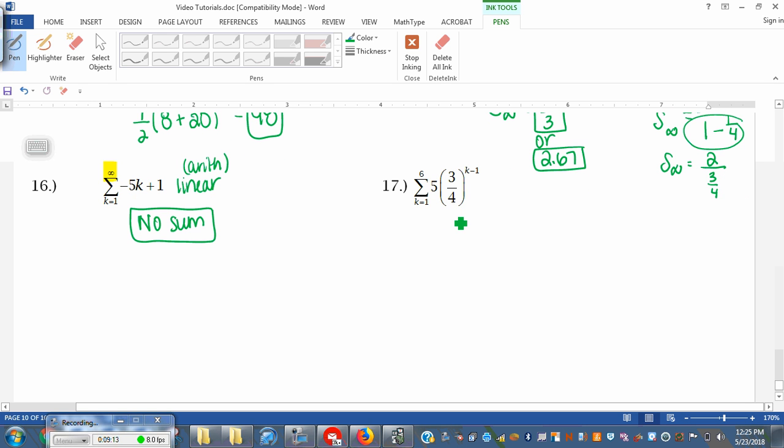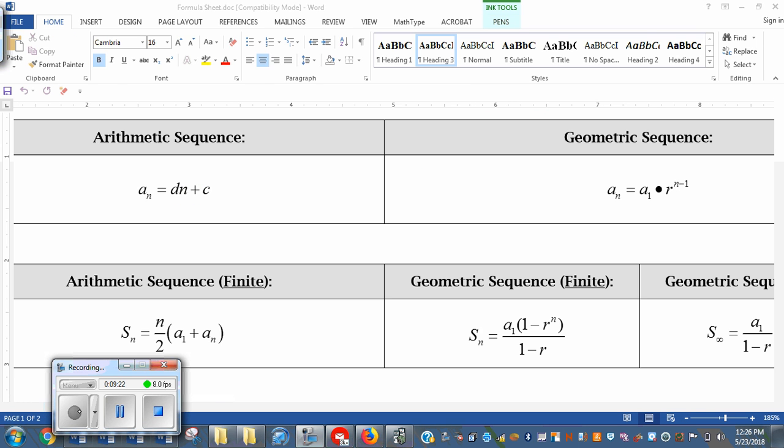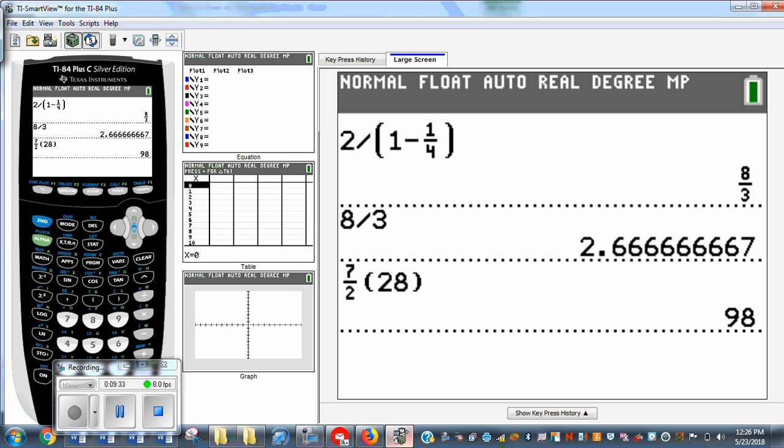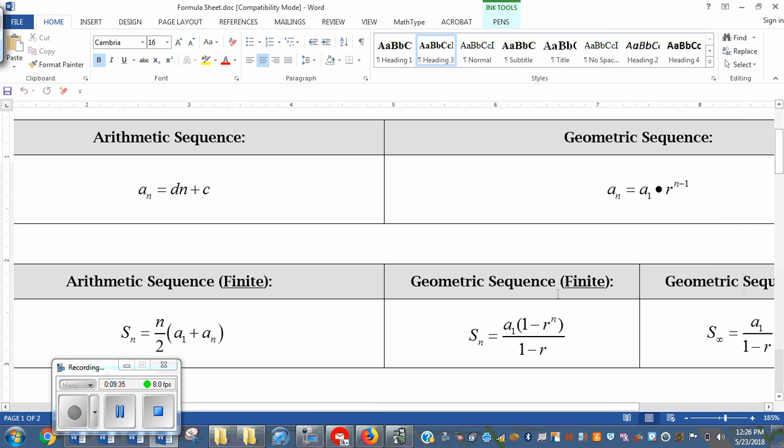All right, our last one. Now this is geometric again, but it's finite, so make sure you're using that finite rule. And here you can see it from these are the formulas that I was telling you guys about that I would probably copy down on your calculator. So first term, 1 minus r to the power of n.